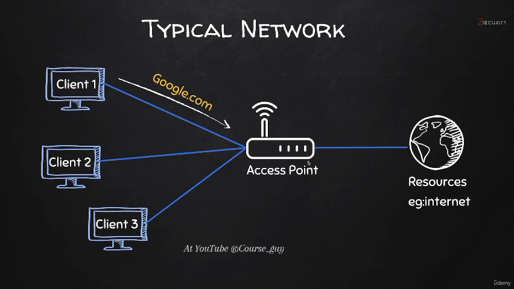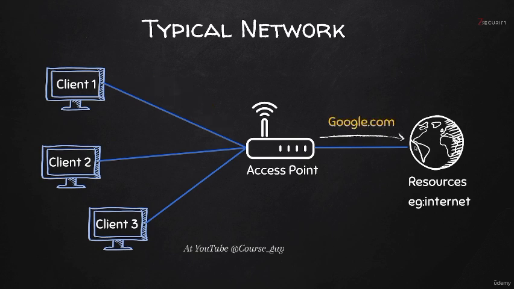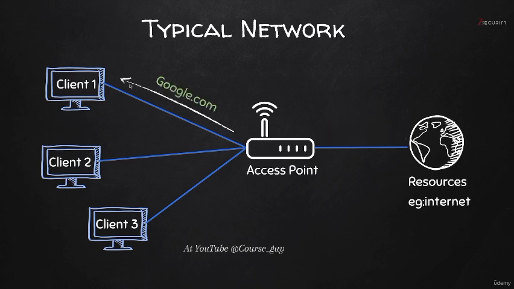The access point has access to the resource, which is the internet in this example, so it's going to go and look for google.com. It will receive google.com and forward that response to your computer, and as a result, you will see the website loading in your browser.